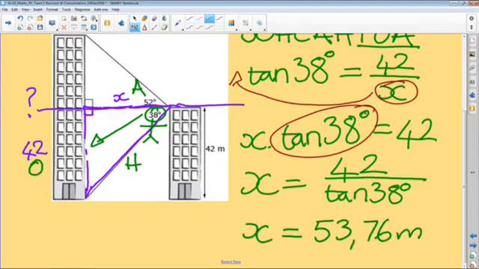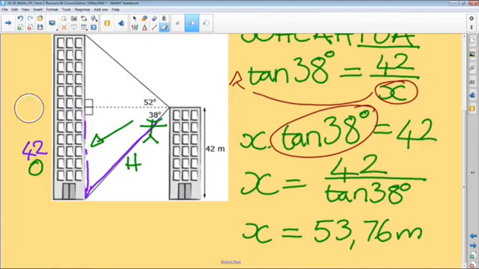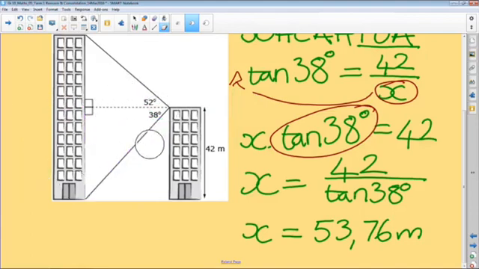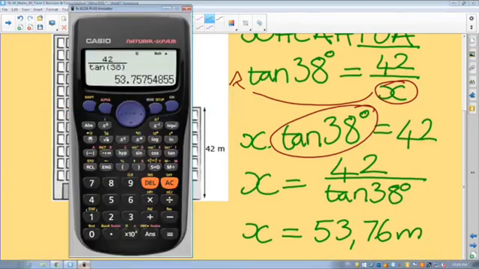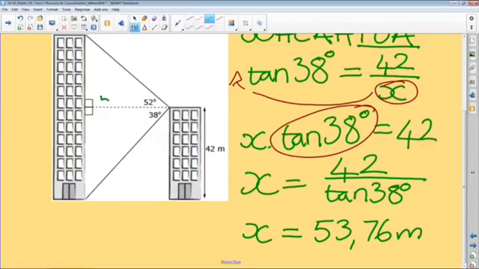Now I'm going to do myself a favor and write it in over here as well, because I'm pretty sure I will need it. Did I write it down? 53,76, yes. I'm pretty sure I will need it for the next question.